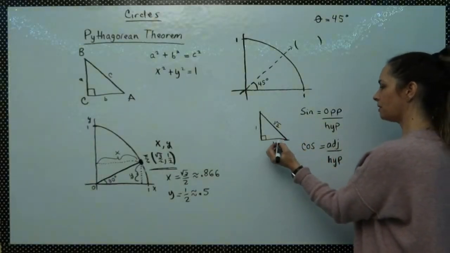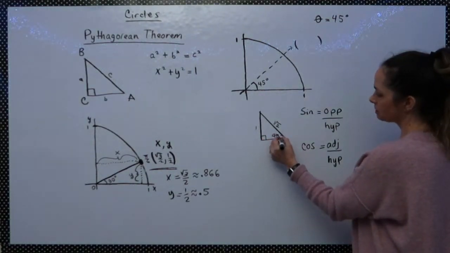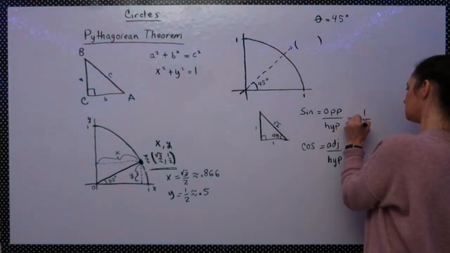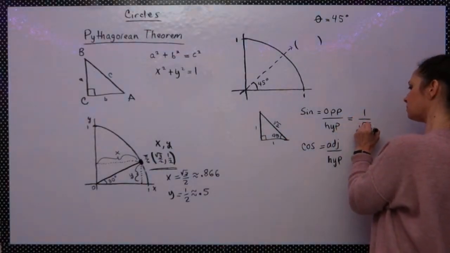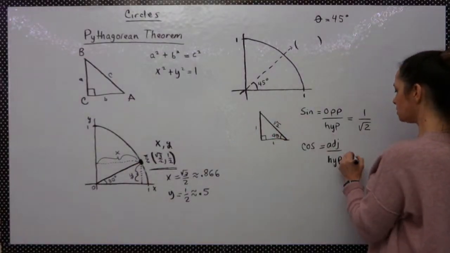So remembering my relationship for 45, for sine, opposite over hypotenuse, that's going to be 1 over radical 2. And then for cosine, the adjacent would also be 1 over radical 2.